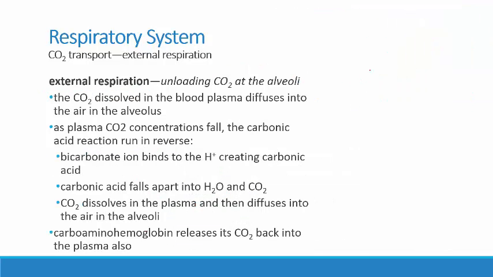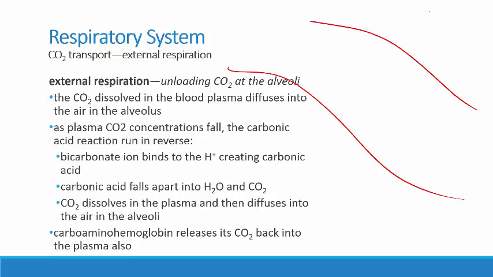All right, last of all, we bring that blood back to the lungs. Here's the alveolus. So the first thing is the CO2 is going to be highly enriched in the blood. And so the first thing that needs to happen is that CO2 that was dissolved in the blood plasma, that 7%, will begin to unload into the alveolus.